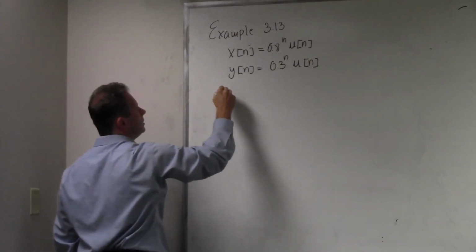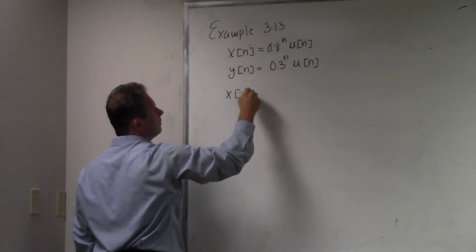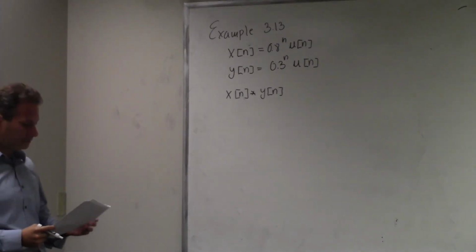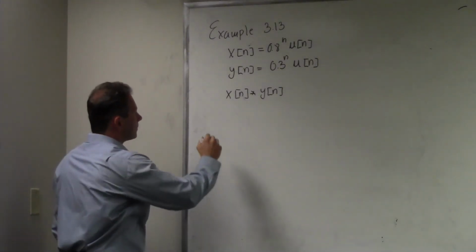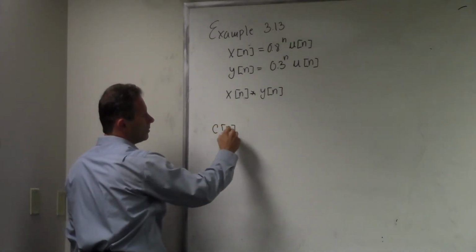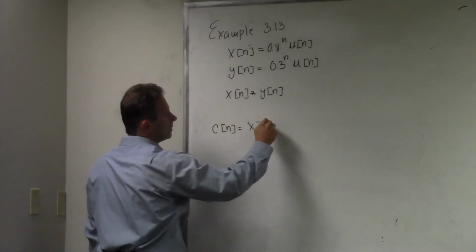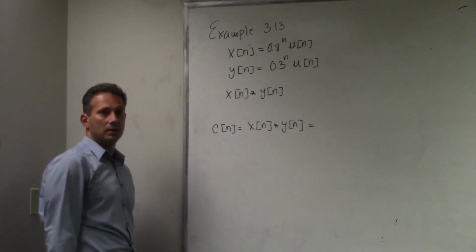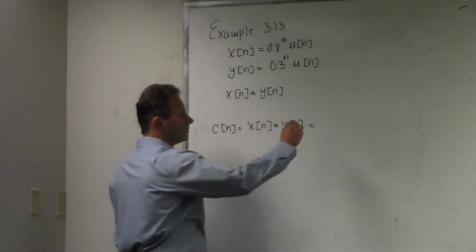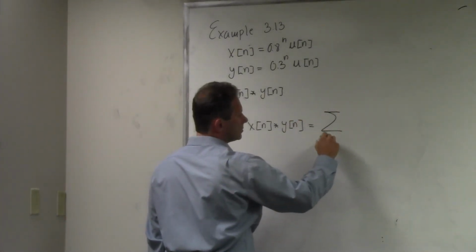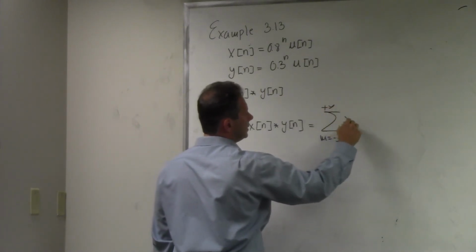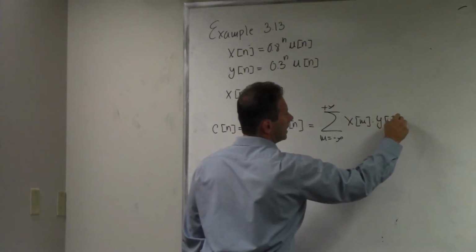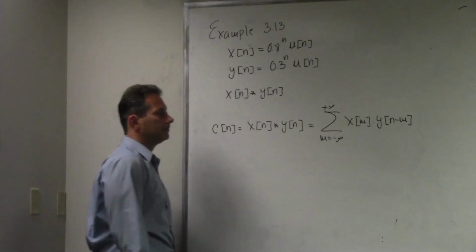And the question is: determine x of n convolved with y of n. That's what we need to do. So let me define signal c of n, which is x of n convolved with y of n. And let me write out what this means. This means I need to sum, when m goes from minus infinity to plus infinity, x of m times y of n minus m.